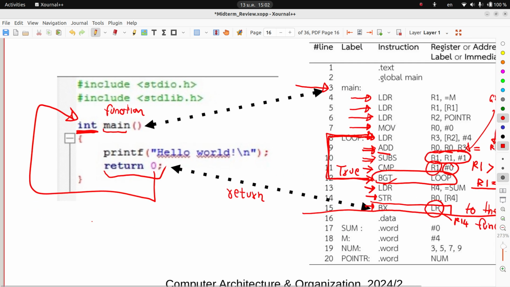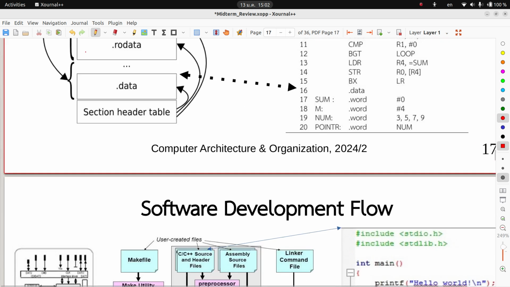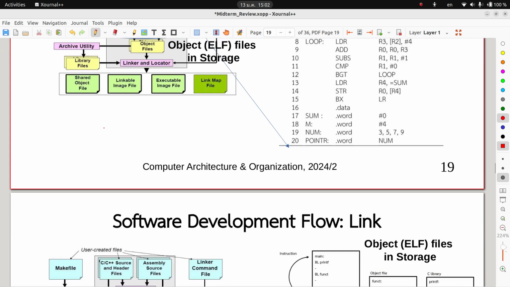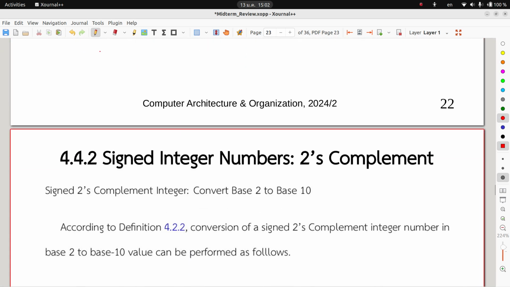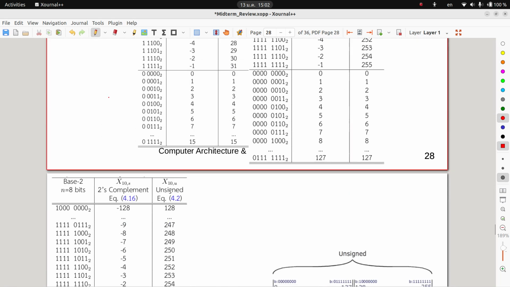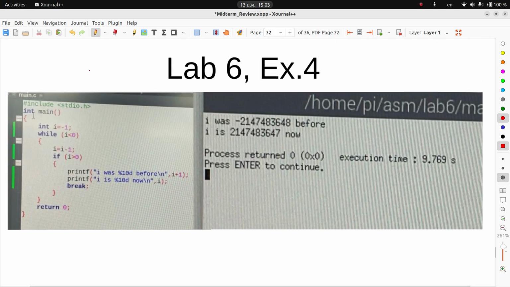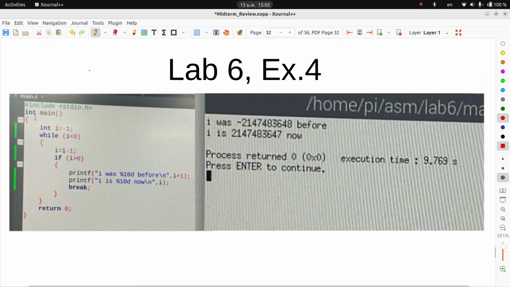That's what happened in lab 6. What happened in lab 6 is I borrow some of your lab 6, I don't tell you whose, this lab 6 exercise 4.